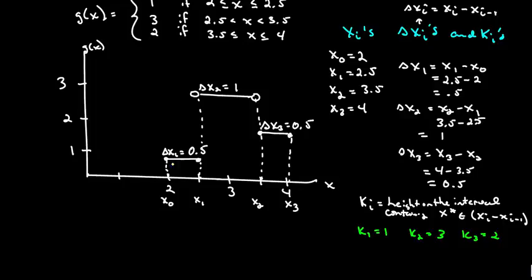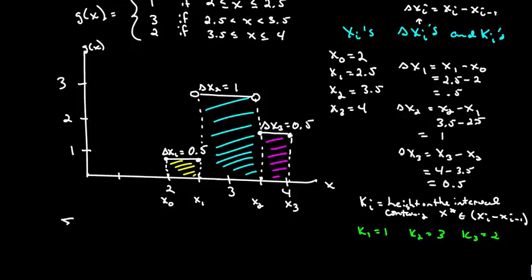If we want these total areas, this guy and this guy right here, if we want the sum of those areas, what we're going to do is add up how long they are, which is delta xi, and usually people write that in the back. So I'll write in the back how long they are times how high they are. How high they are is ki, how long they are is delta xi. So this right here gives me the area for each of the rectangles.